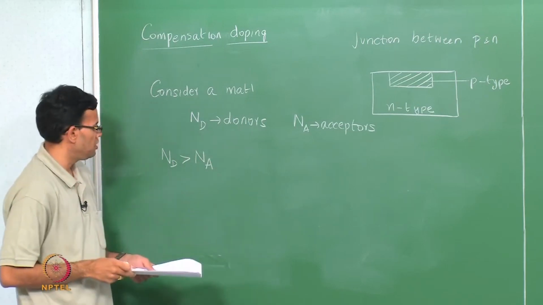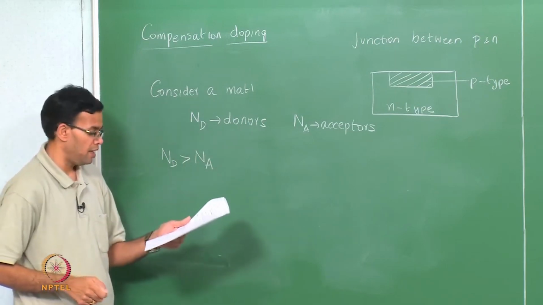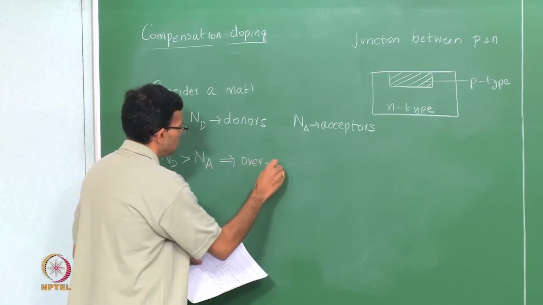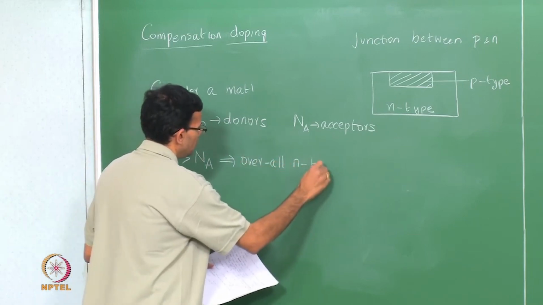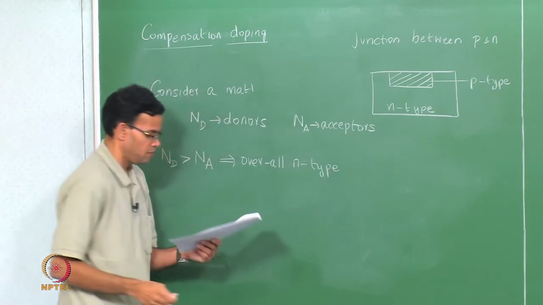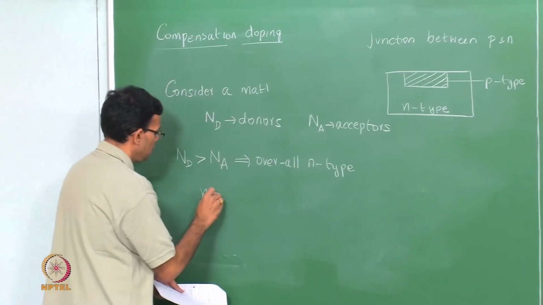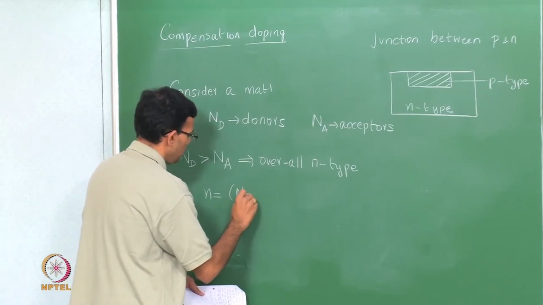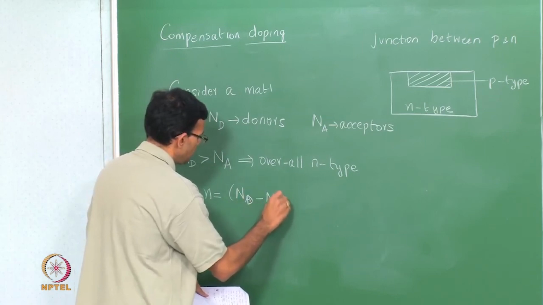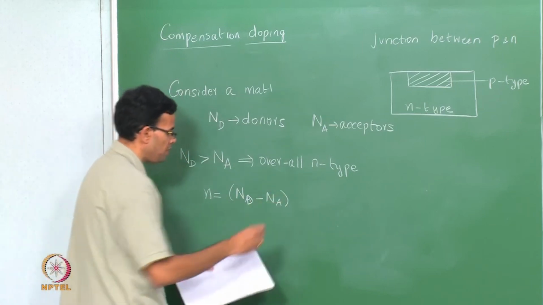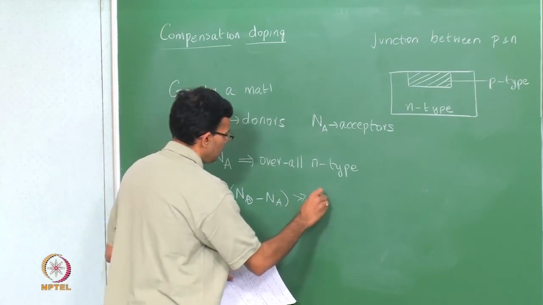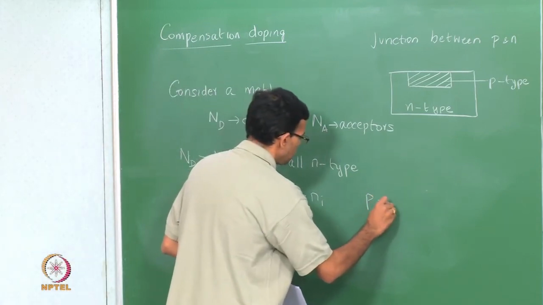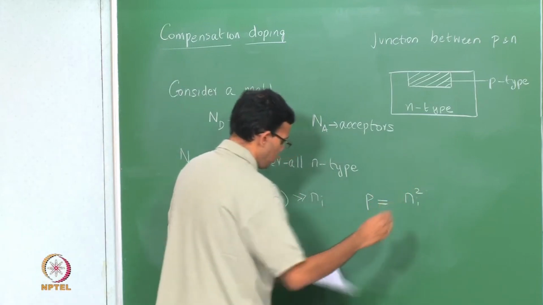If you have a situation where Nd is greater than Na, the material is said to be overall n type, with n, the concentration of electrons, being nothing but Nd minus Na. This will still be much greater than the intrinsic carrier concentration.